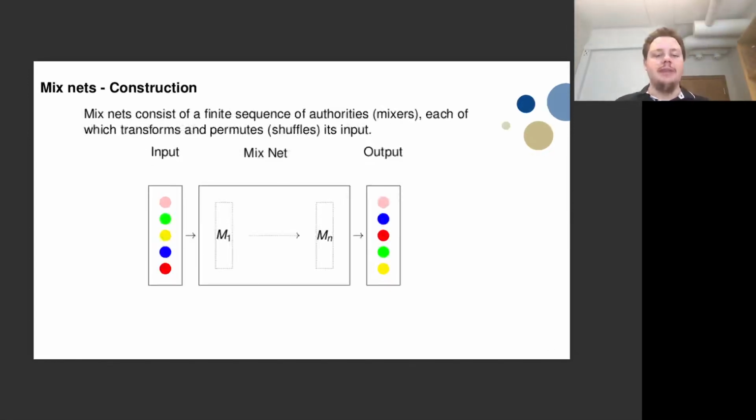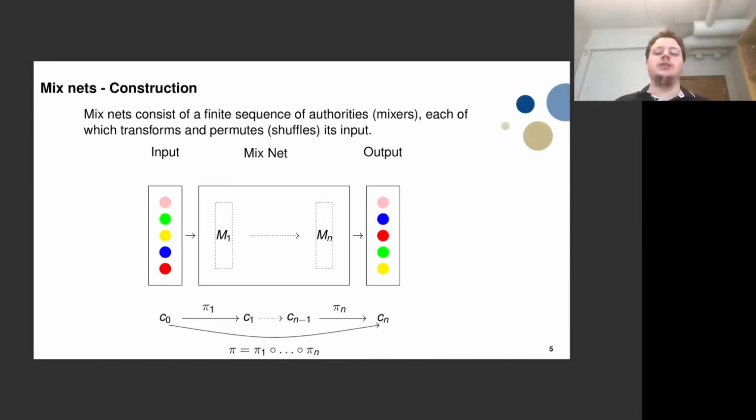What's actually happening underneath is that we have a sequence of authorities who each in their turn permute and re-encrypt the ciphertexts, and so on, until eventually our output is the product of all of the permutations that the individual mixes used. So this is how we can make this work.